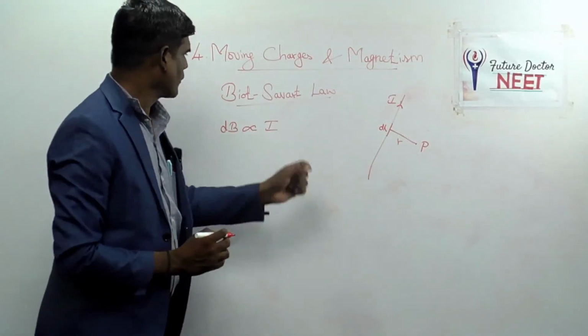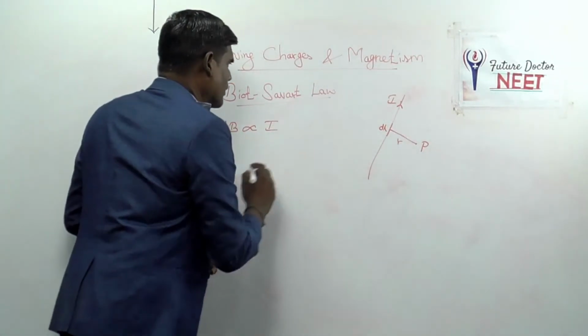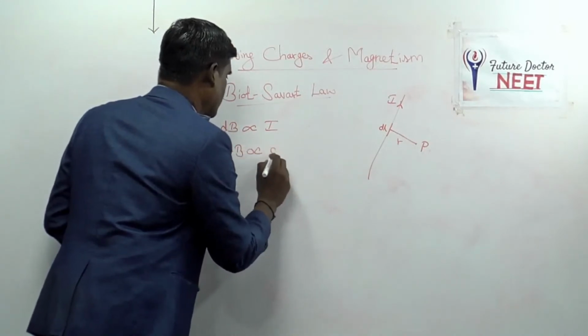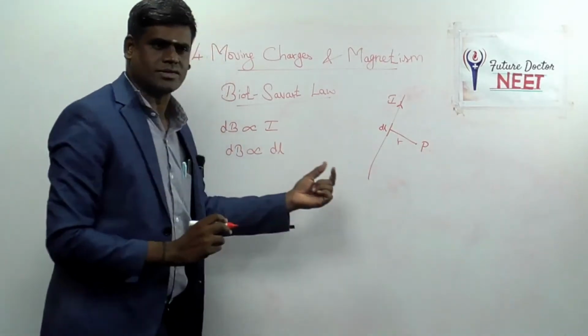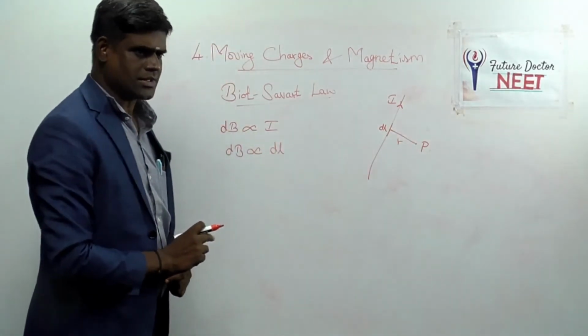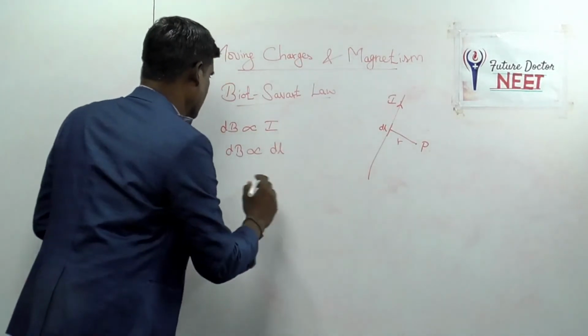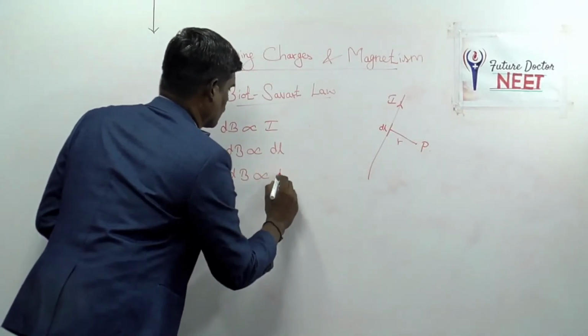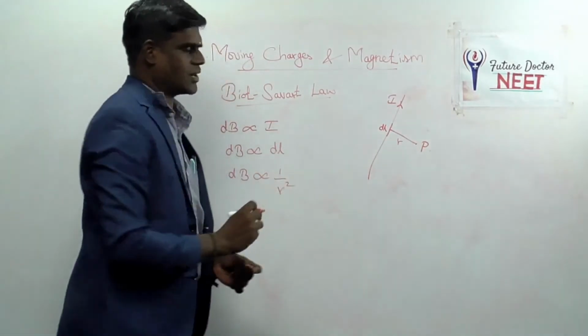It is also directly proportional to dl, the small elemental length, and inversely proportional to the square of the distance between them.